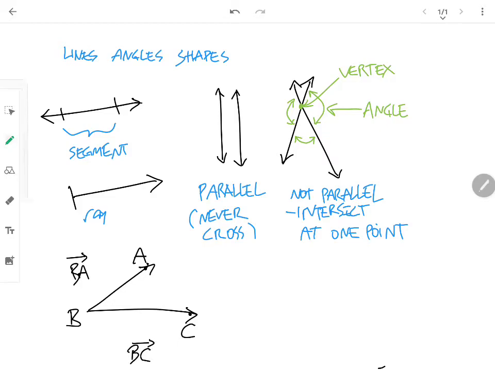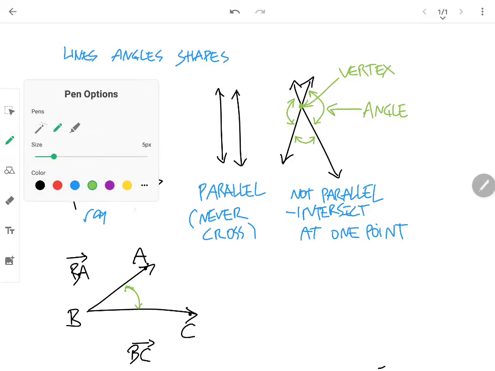Okay, so there exists an angle that represents roughly the distance, or really the grade of opening, between ray BA and ray BC. And you can measure this with a device which we call a protractor.